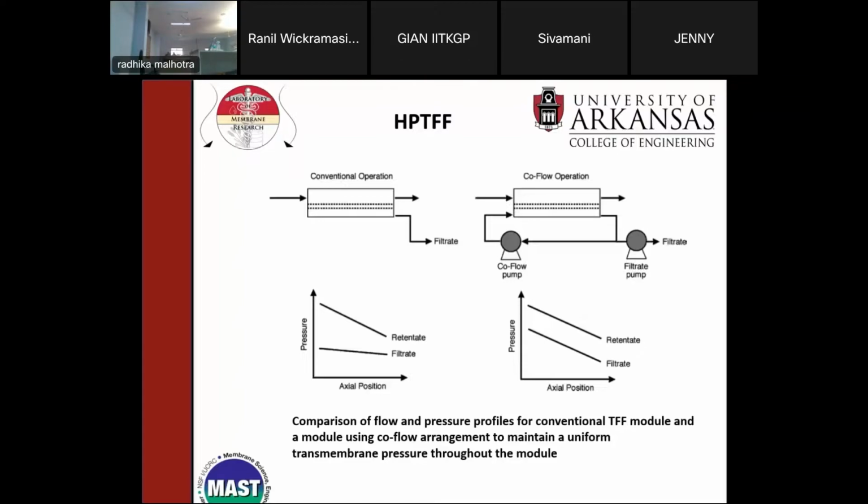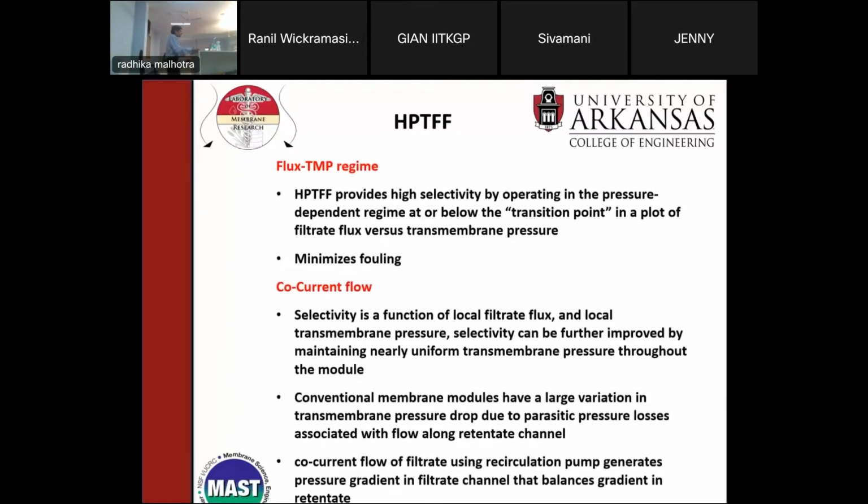So by having this flow, you keep the pressure drop along the length of the channel the same. There's a price you pay, because the amount of filtrate you produce per pass is reduced, because some of it's being recycled. But that is the idea of high-performance tangential filtration. There are patents on this, and a number of papers on it. So now I guess this will move slowly.